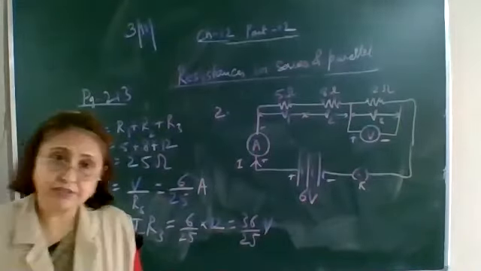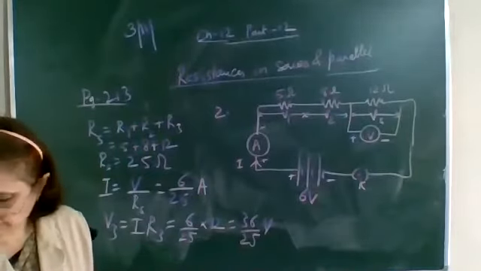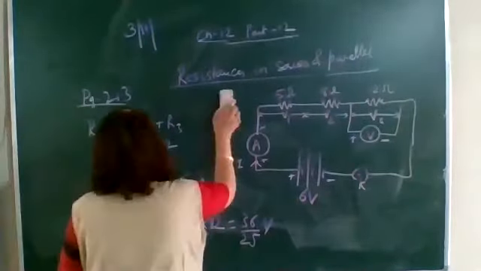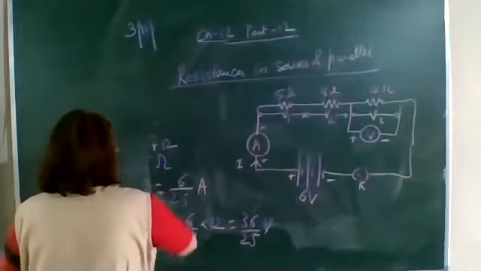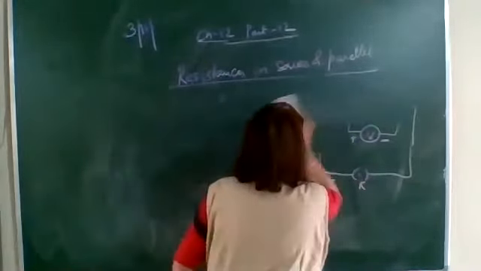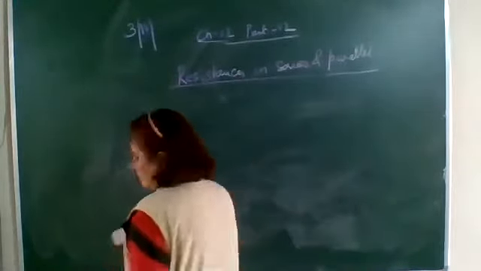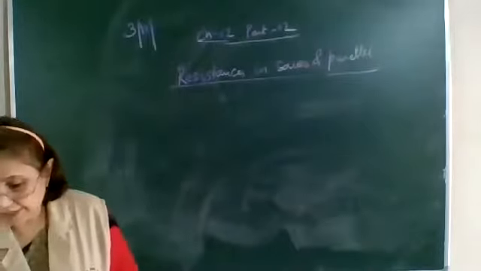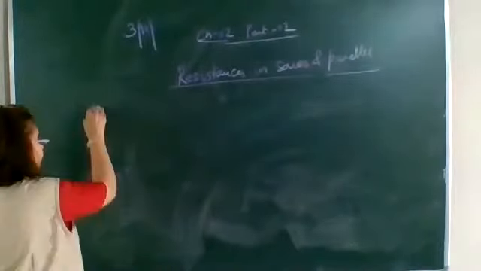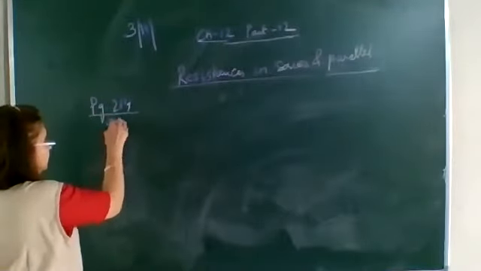R1, R2 and R3 are connected in parallel. First let's draw the circuit diagram and then we'll find out the current and the potential difference. This is example 12.8 on page 214.